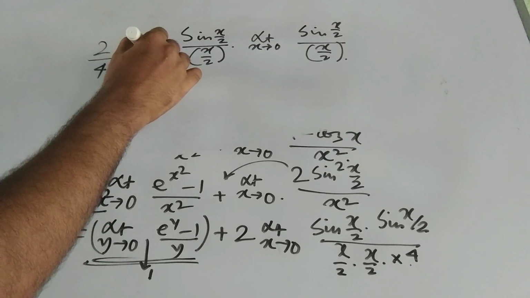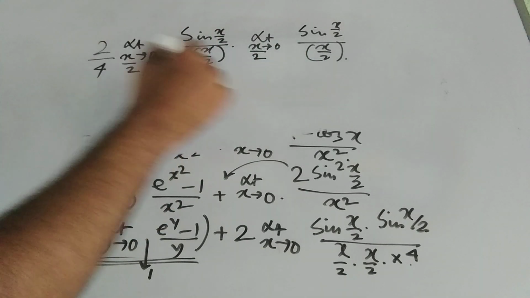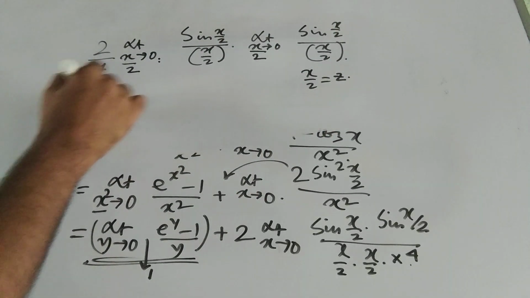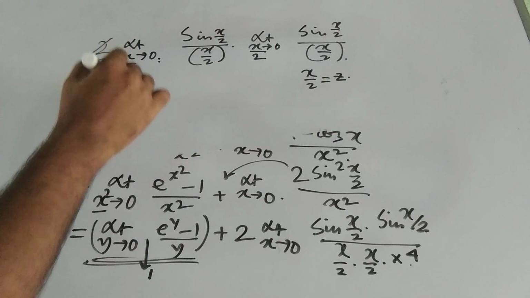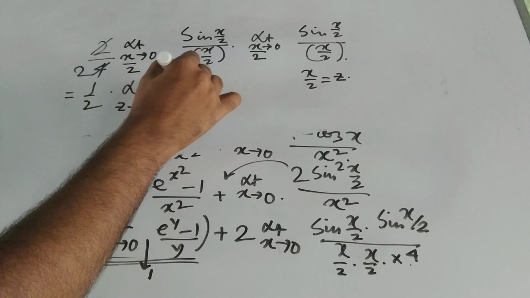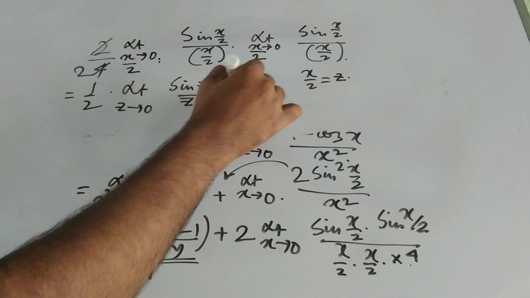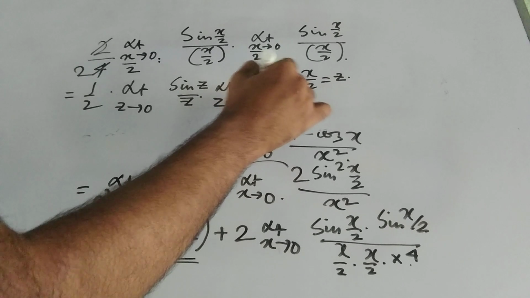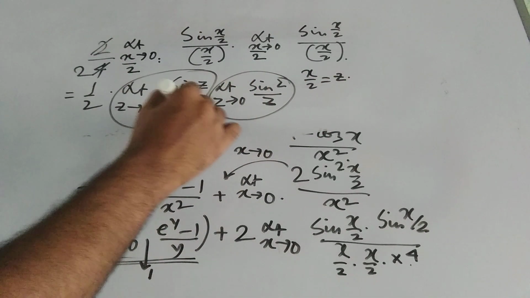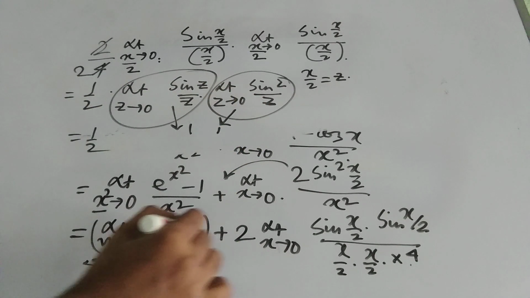Now if x tends to 0, then x by 2 also tends to 0. Same case for here also. So that means if I write x by 2 equal to z, then my expression becomes, this is half because 2 and 4 go off to 1 by 2. And this expression is limit z tends to 0 sin z by z into limit z tends to 0 sin z by z, which is nothing but 1 for the basic formula of limit. This is 1, this is also 1, so half into 1 is half.